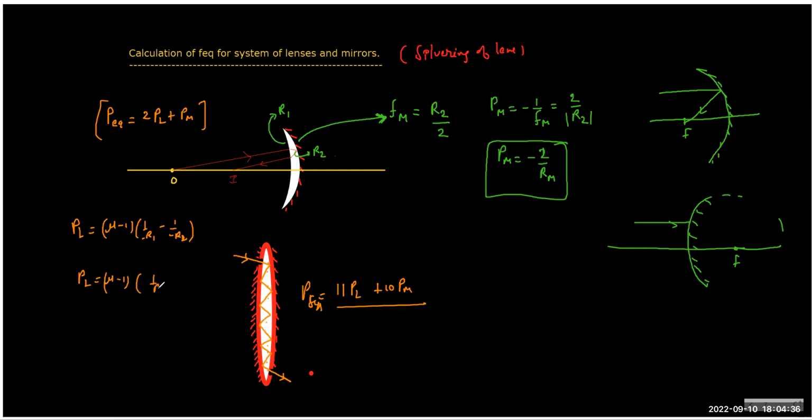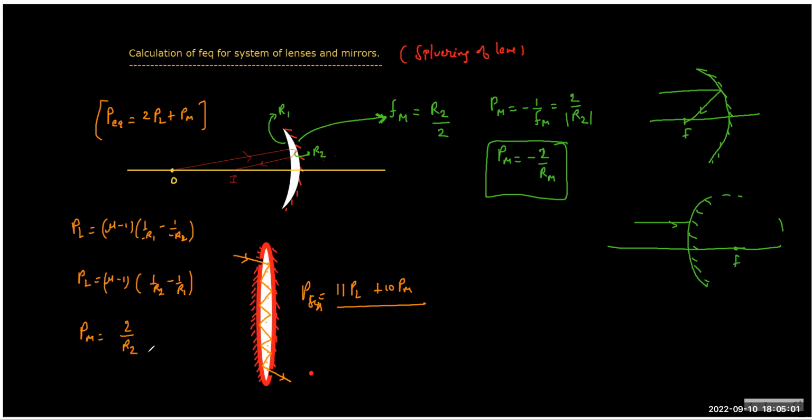Here R2 is more, so this will always give you a positive value. And the power of mirror we can attach. It's a convergence system, so value wise we can attach. Is this clear?